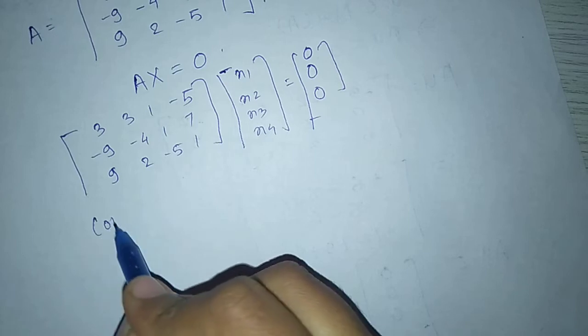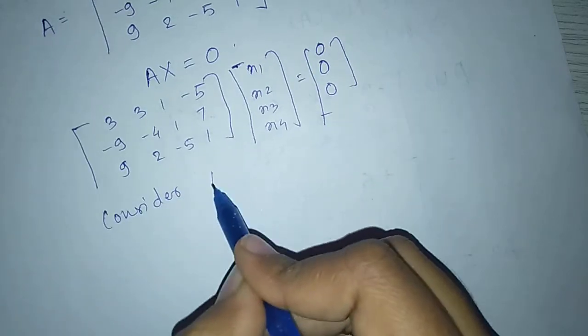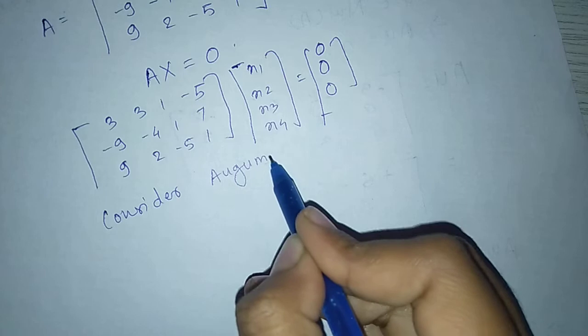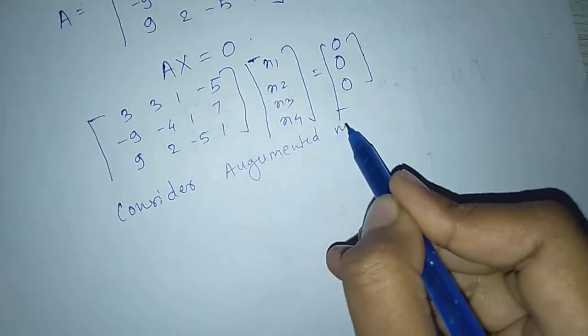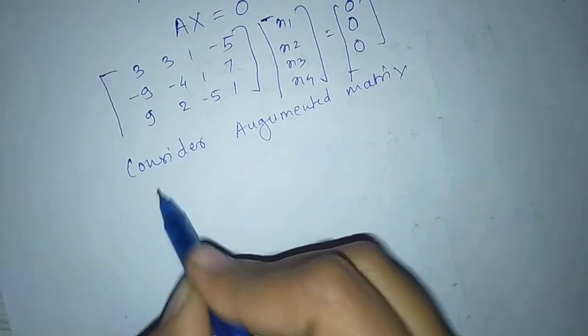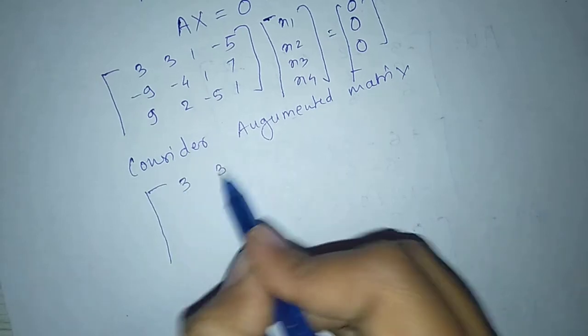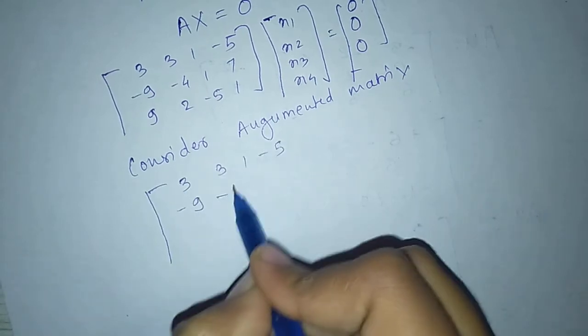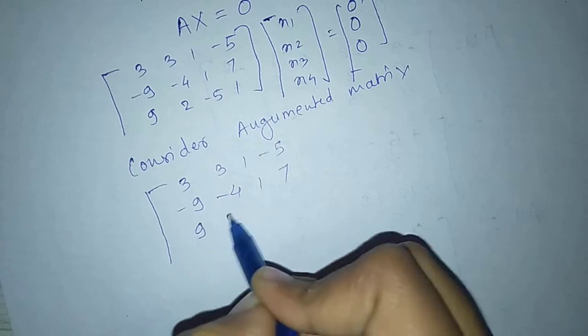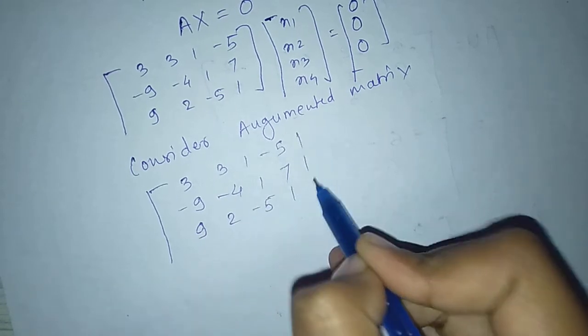Now consider the augmented matrix with rows 3, 3, 1, -5, 0; -9, -4, 1, 7, 0; 9, 2, -5, 1, 0.